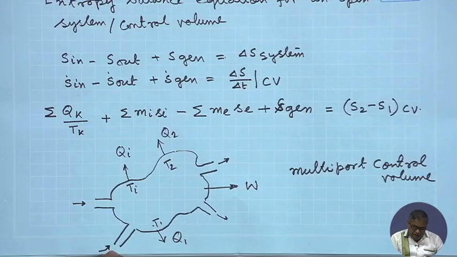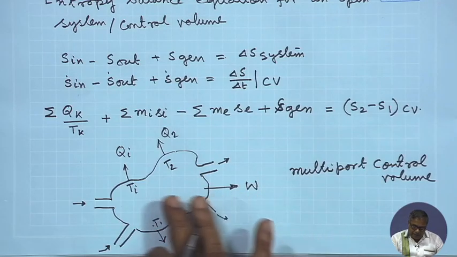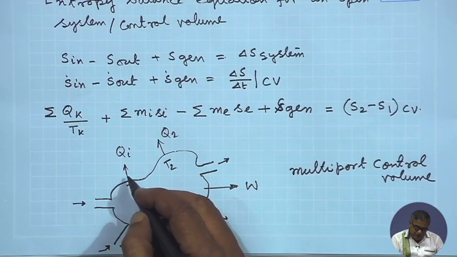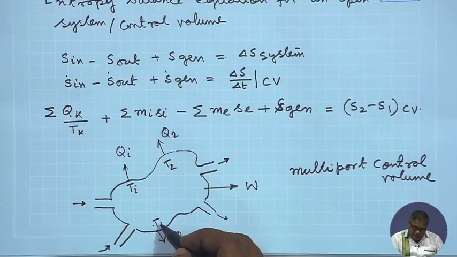Mass is entering through different entry ports, mass is leaving through different exit ports, and there is heat transfer at different points. So, here heat transfer is at a temperature T_1. So, this is Q_1.